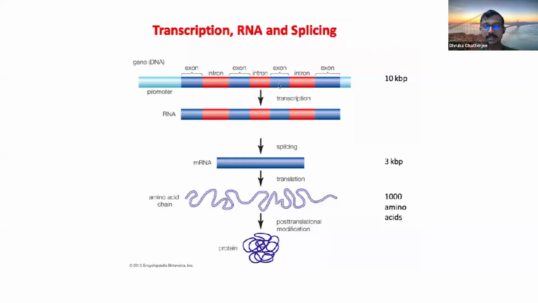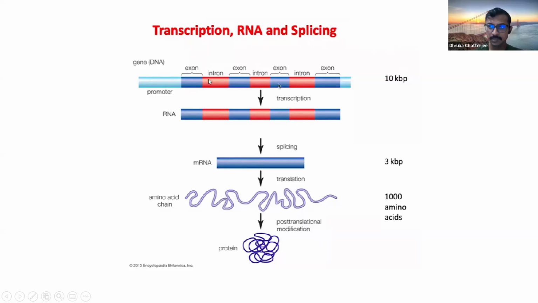Out of them, mRNA or the messenger RNA is the RNA which is synthesized within the nucleus from DNA by transcription using the DNA-dependent RNA polymerases. Now, this first mRNA transcript that is formed is actually called a pre-mRNA, because typically the genes have two kinds of sequences. One are called the exonic sequences and one are called the intronic sequences.